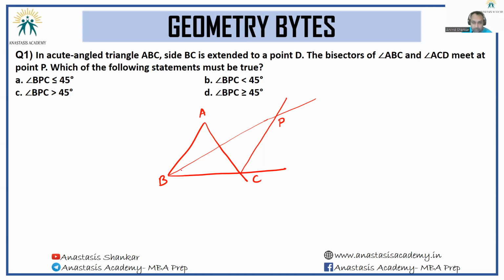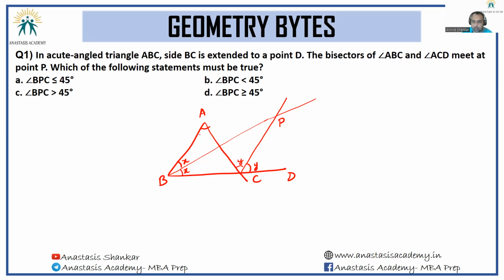Can I say if this angle is X, this angle will also be X. And if this angle is Y, this angle will also be Y. Now angle ACD should be equal to angle ABC and BAC.